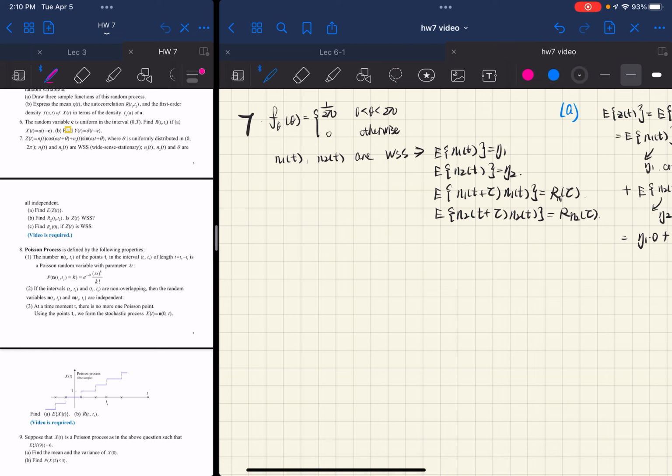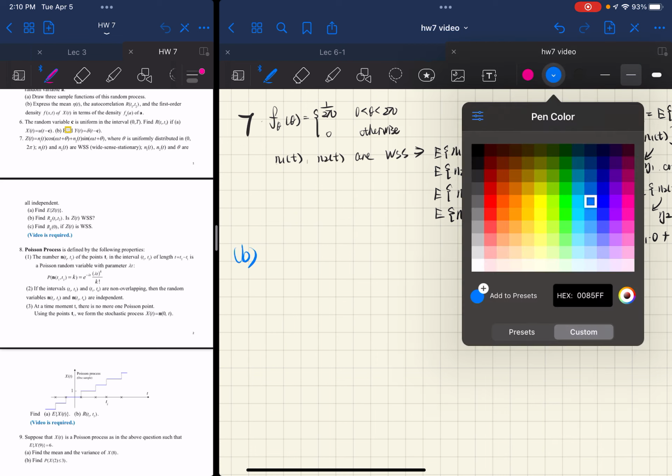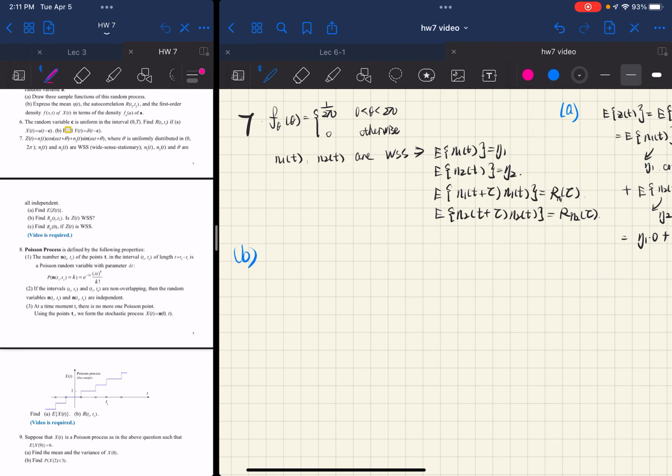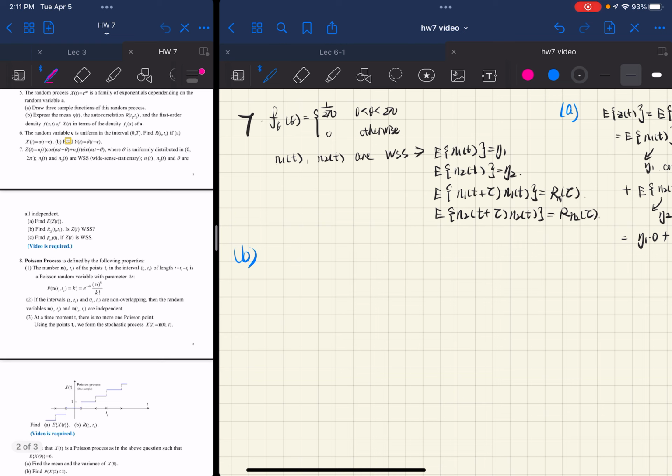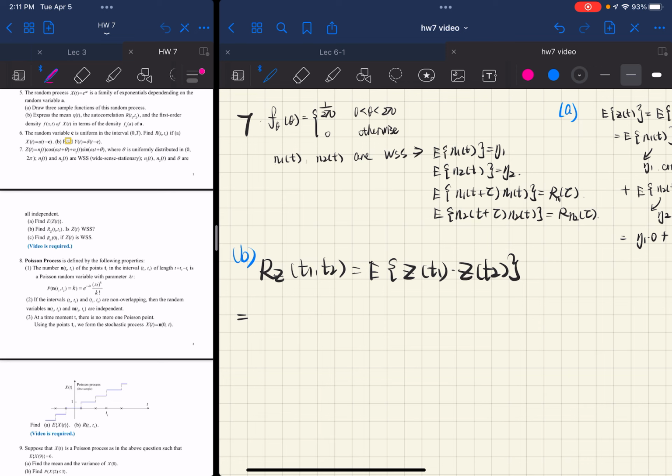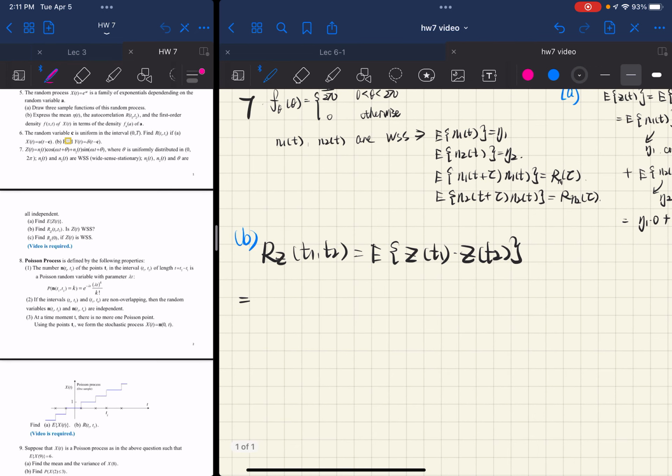And for problem B, we are told to find the autocorrelation of Z(t1) and Z(t2). So we just plug in the formula of R_Z, which equals the expectation of Z(t1) times Z(t2). We plug in the representation and expand.